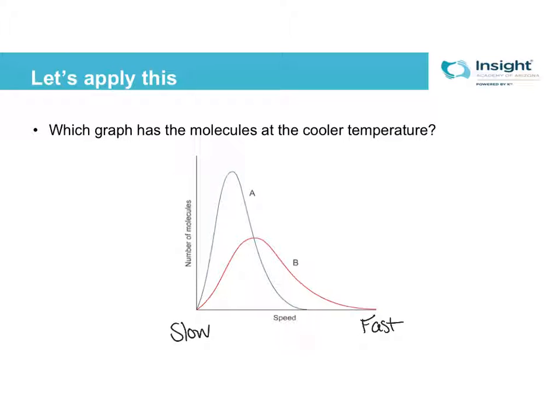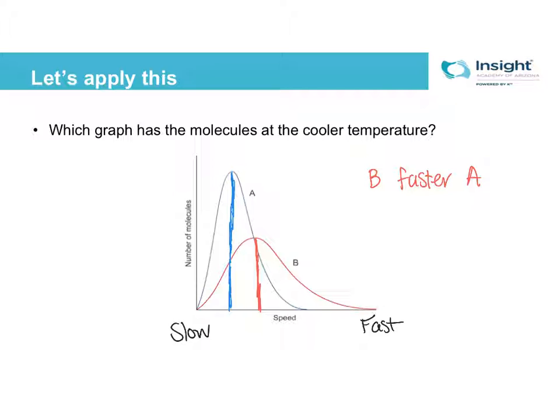If you're looking at your blue graph, the peak where most of your blue molecules are is right there. Then if you look at your red graph, the peak where most of your red molecules are is there. So just looking at that, which one's moving faster? B, most of those B molecules are moving faster than the A molecules.